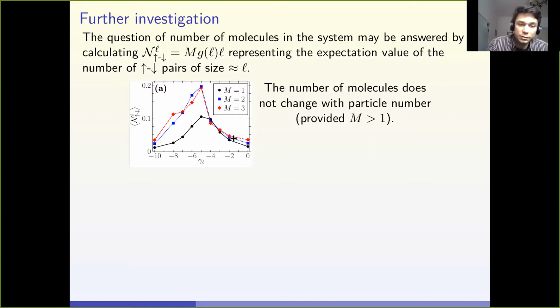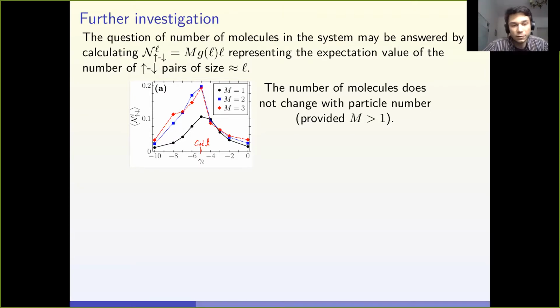Then as we increase the attraction, the number of molecules goes up. It has a maximum around this critical point. And then it drops down, and it drops down because of that really strange behavior of strong attractive potential.